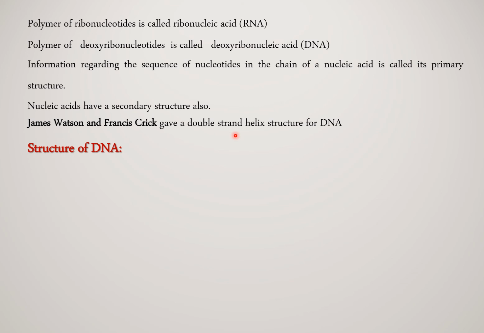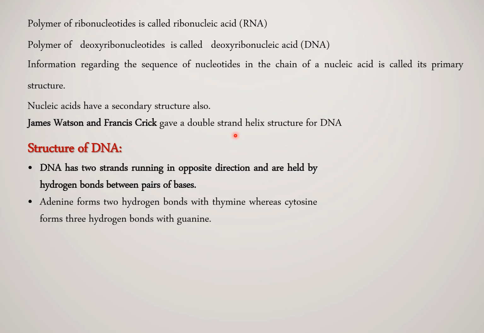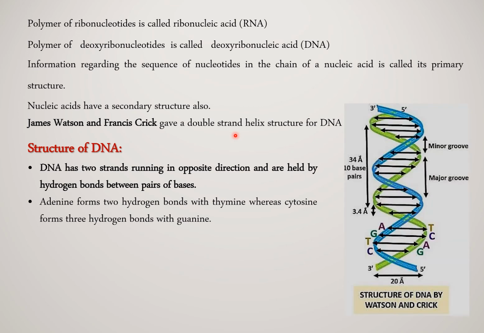The structure of the DNA as presented by the Watson and Crick model describes the DNA as having two strands which run in opposite directions and are held by hydrogen bonds between the base pairs.